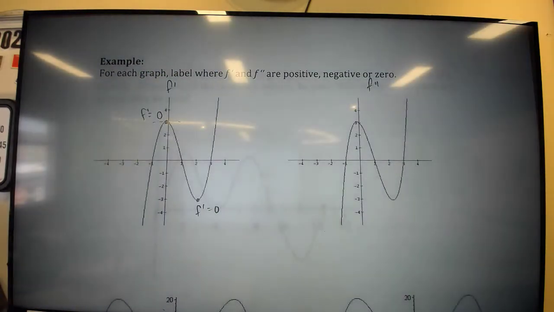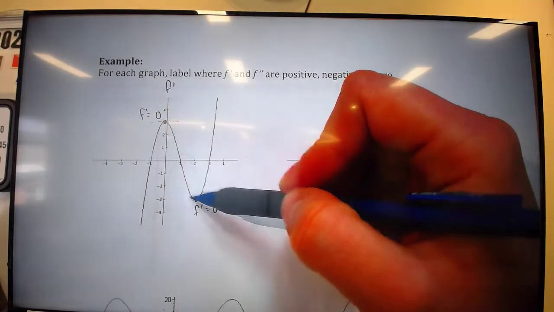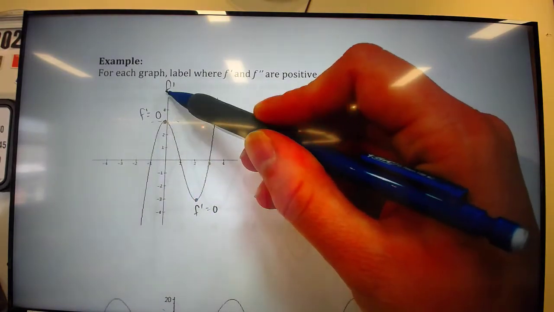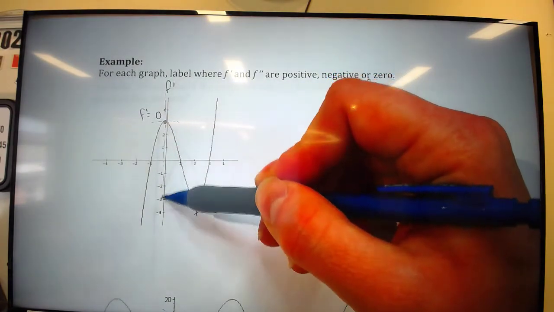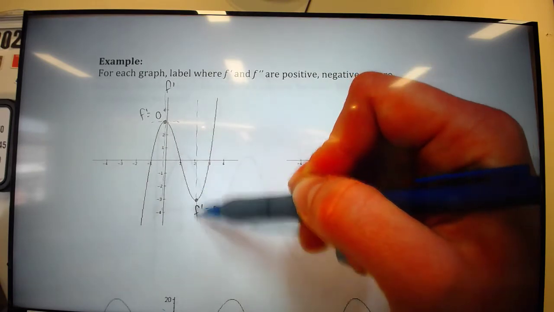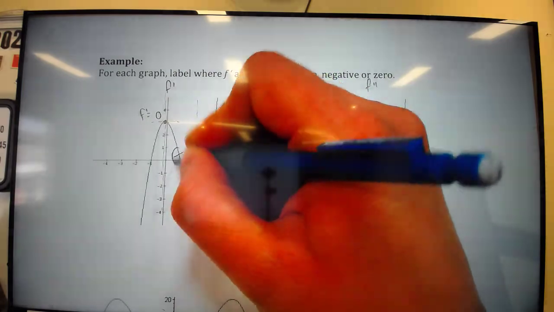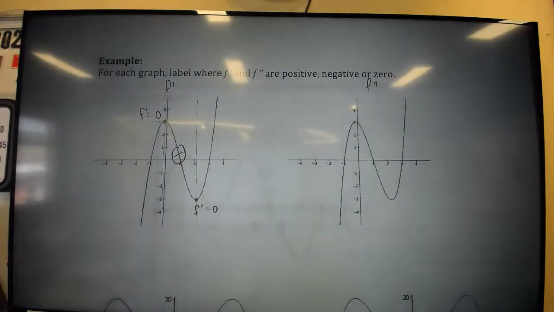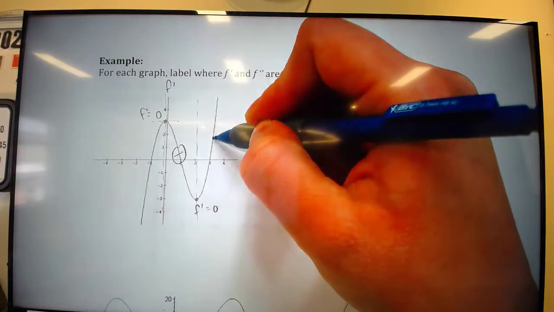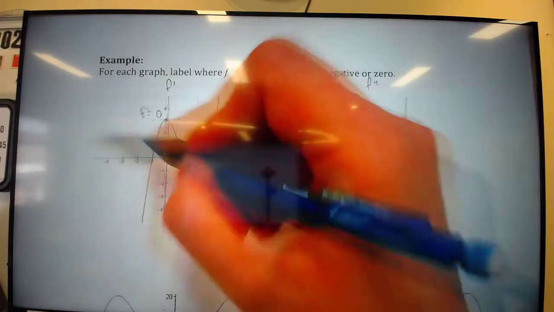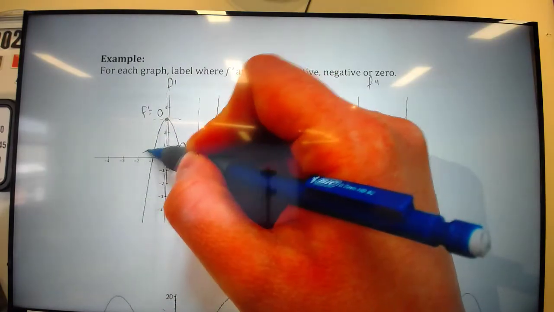In between those 2 points, each and every single tangent that we could draw there has a negative slope. So this whole section is negative. Every single tangent that we drew here is a positive slope. Every single tangent that we could draw here is a positive slope.